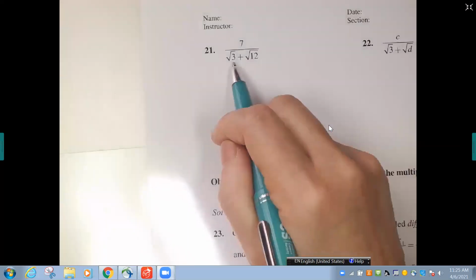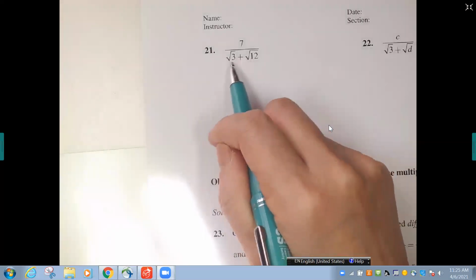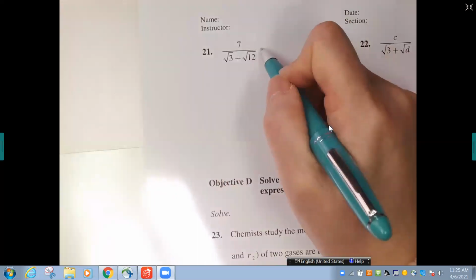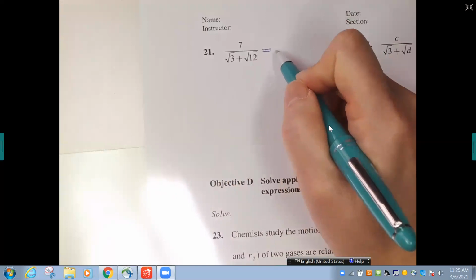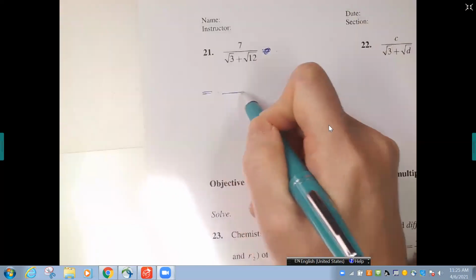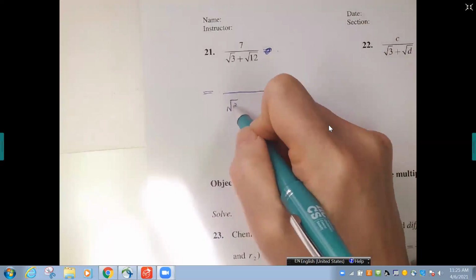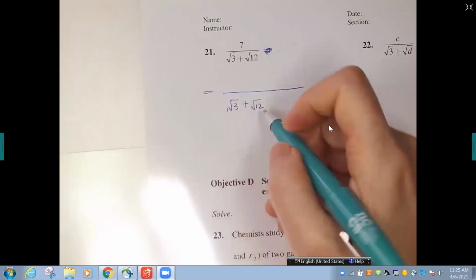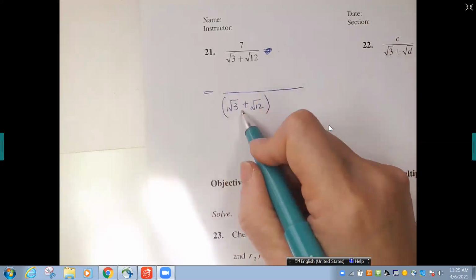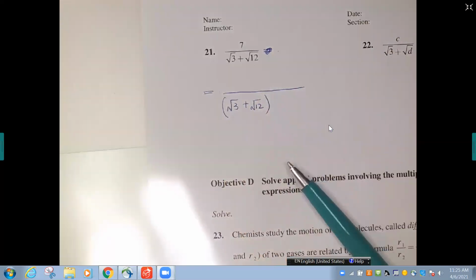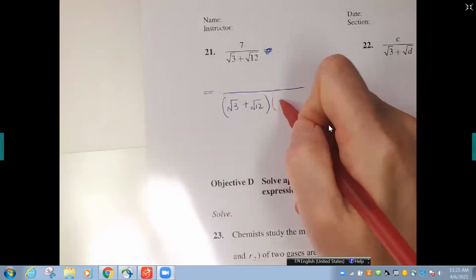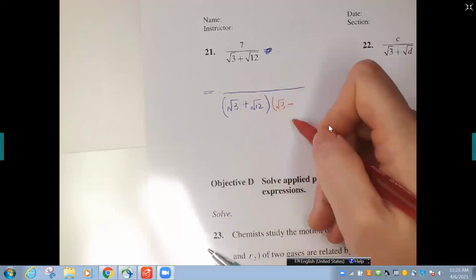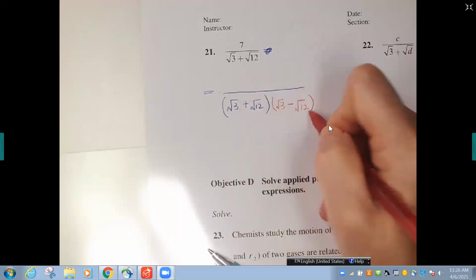If we multiply by itself, we won't get rid of both radical symbols. So I will write this down and draw a long bar here to get rid of the two radical symbols from the denominator. I'm going to look for its conjugate, then multiply by its conjugate. So this conjugate is what? If this is addition, we get subtraction between the two terms, radical 12.